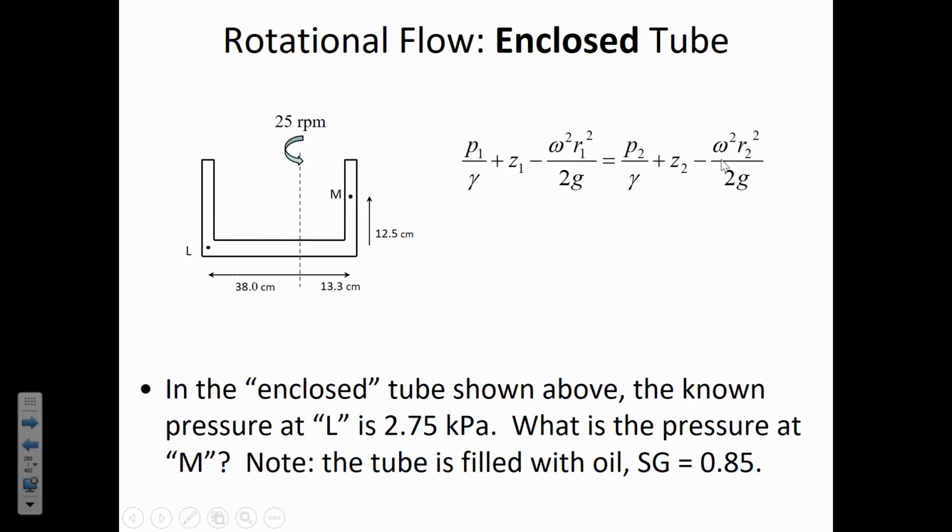There's only one omega because it's all rotating at the same number of radians per second, regardless of the distance away from the axis of rotation. The entire system is spinning at the same omega. So that comment aside, what do the radiuses predict about the change in pressure?